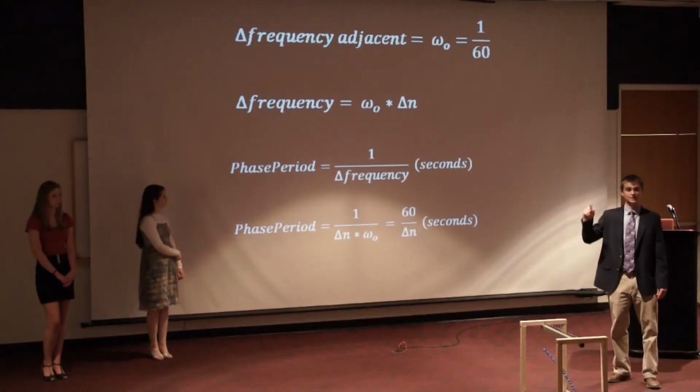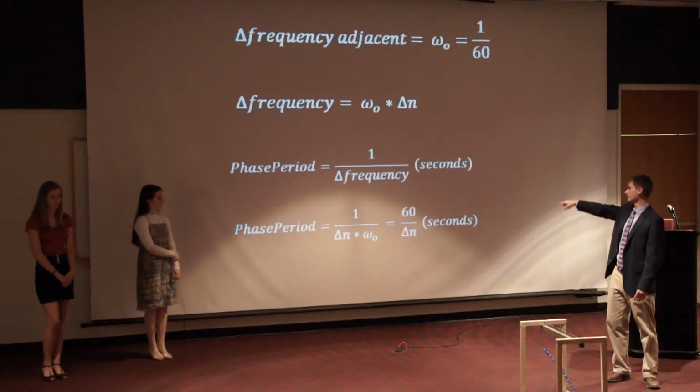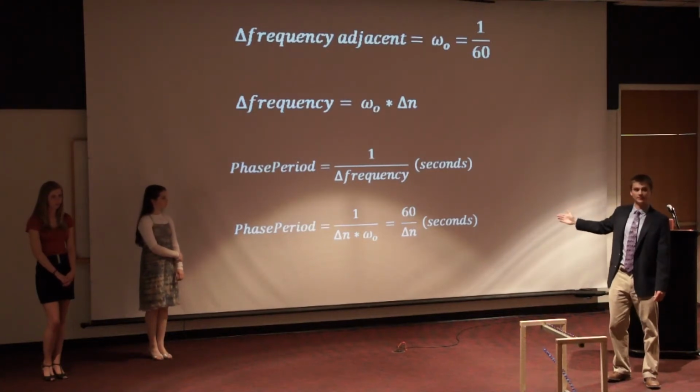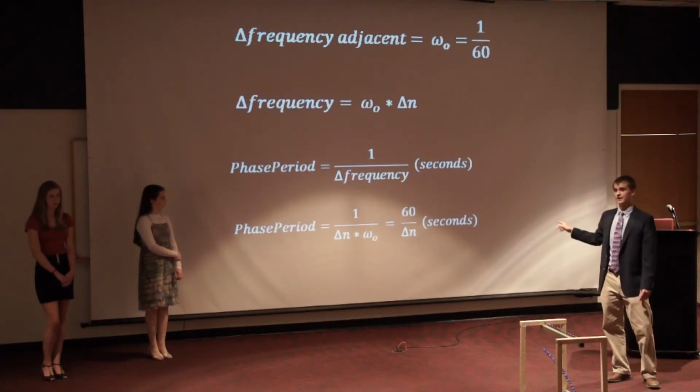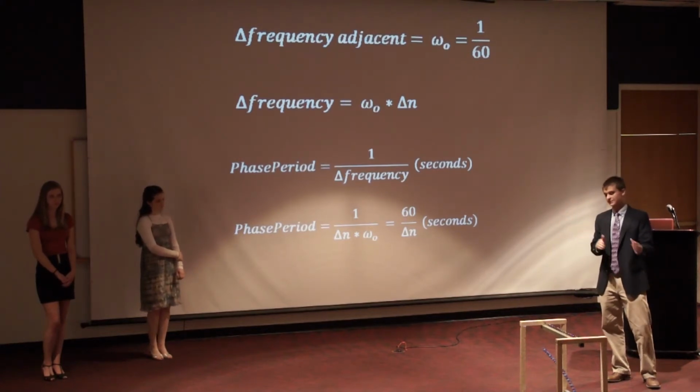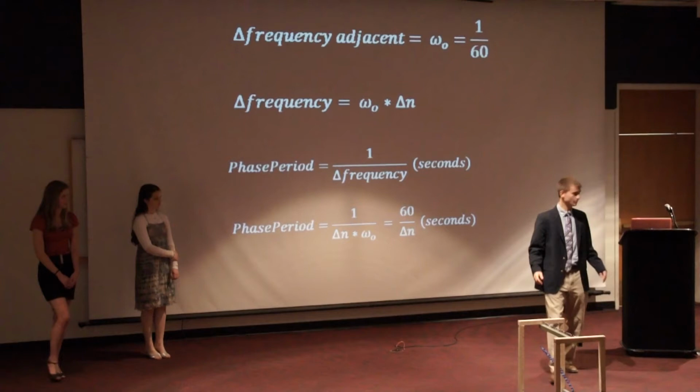So the phase period is actually 1 over delta frequency, and we can plug in that equation right above to get 1 over delta n times omega naught. And that gives us a very simple but revealing equation: 60 over delta n is the phase period. So that means the further apart two pendulums are, the quicker they're going to recoincide. So now we'll give you a demonstration of our model.